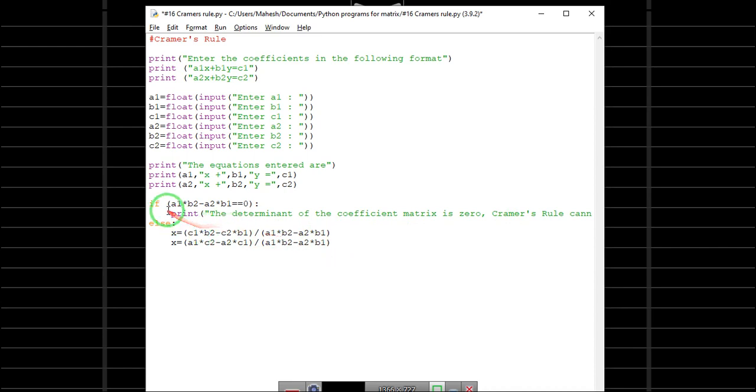Now first it will check whether the determinant is equals to 0. If it is 0, then it will give this. If not, then it will execute this. And once we have this, let us print the solution.